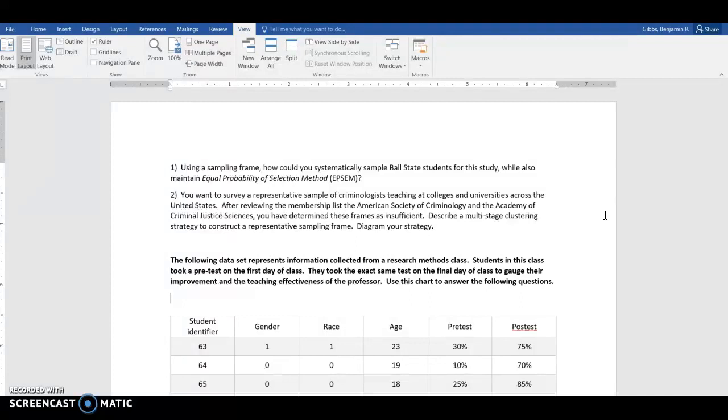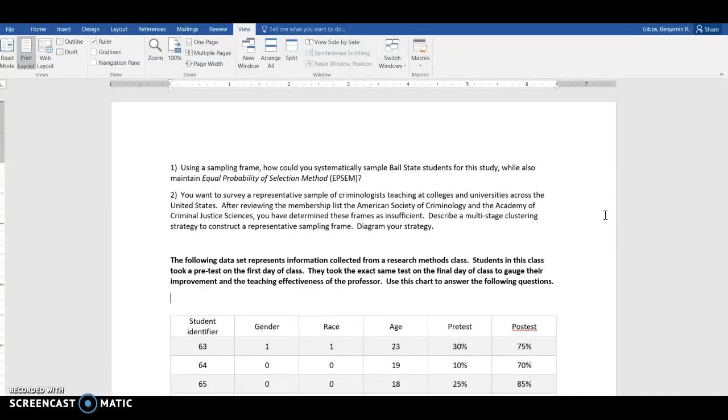So that's about 17,000 undergrads. We want to draw a sample from that randomly and maintaining the idea of equal probability. So in systematic sampling, we can do so. Systematic sampling is just one particular method in which to randomly draw a sample from a larger population.